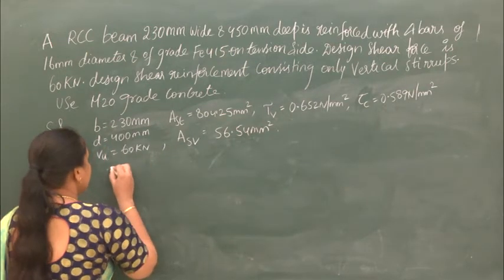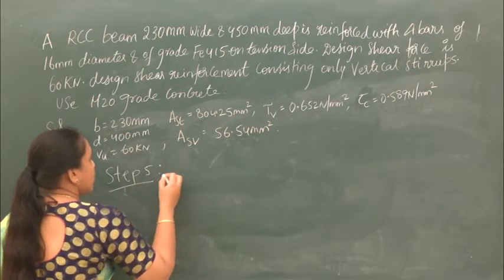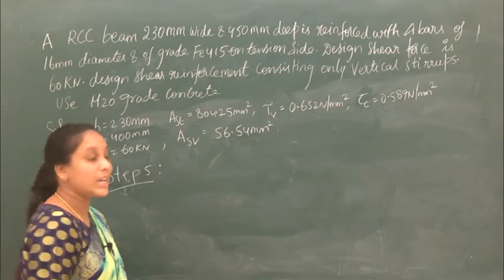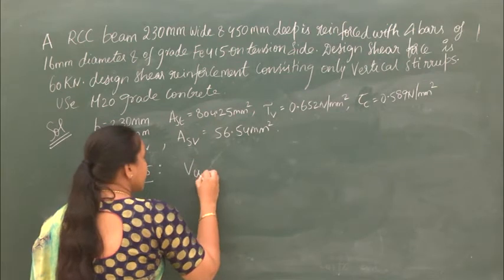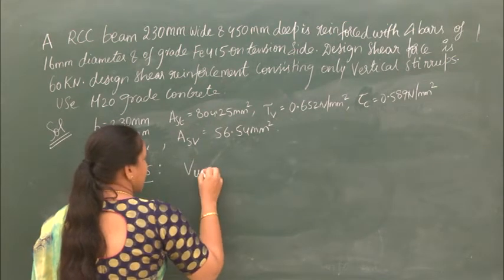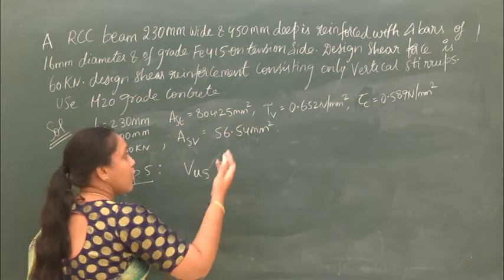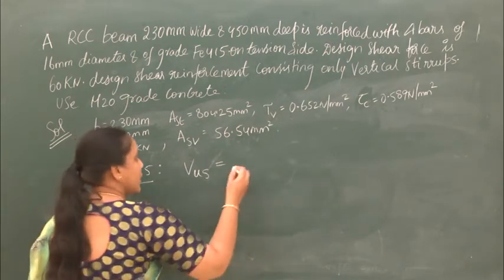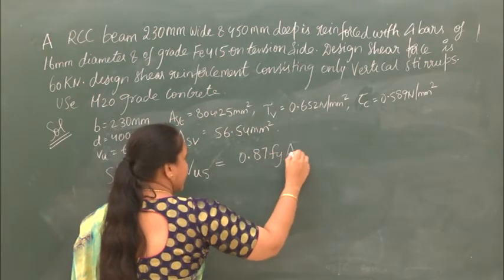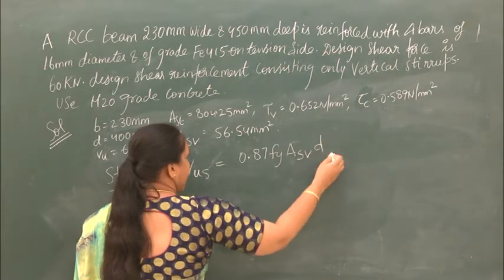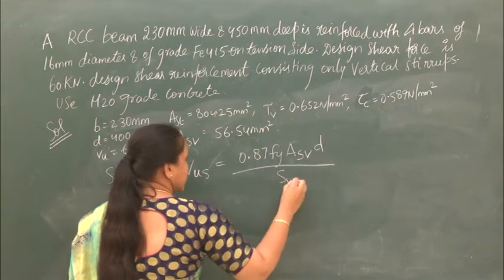First, for the shear force which has to be resisted, I am going to calculate SV. The formula for vertical stirrups is VUS equal to 0.87 Fy into ASV into D divided by SV.